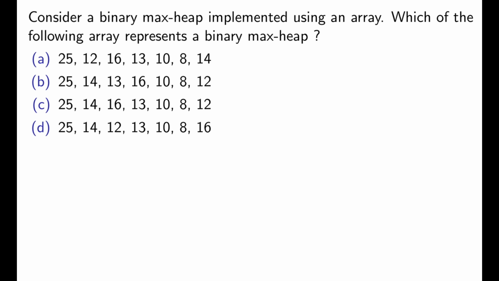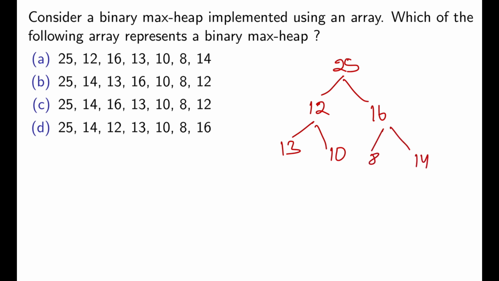So here you can see for option A: 25, then 12, then 16, then 13, then 10, then 8, then 14. We have to verify the parent-child relationship.